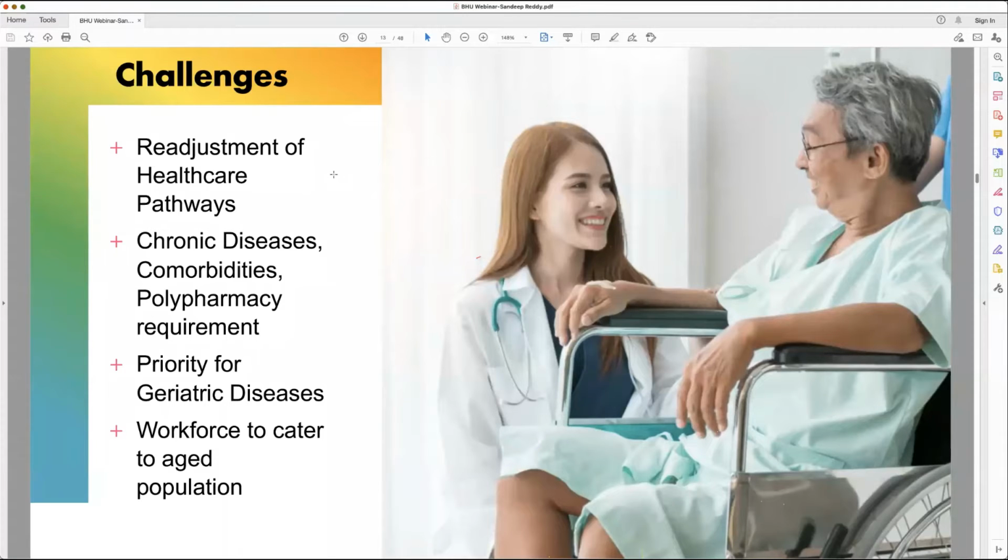And when you talk about older people, they have chronic diseases, comorbidities, and requirements for multiple medications, which is called polypharmacy. In addition to that, health services have to prioritize these diseases and develop a specialized workforce to treat older conditions. So it's important to be cognizant of the growing aging population, and the health service also has to orient itself to it.